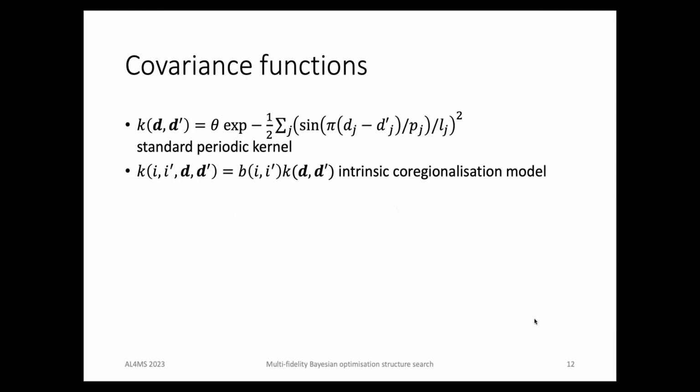And then when we had multitask data, we used this separable construction where we have a base kernel K from the single task case combined with this co-regionalization kernel B. And this co-regionalization kernel should capture correlation or covariance between the tasks. This construction is known as the intrinsic co-regionalization model. And both these kernels are standard choices.